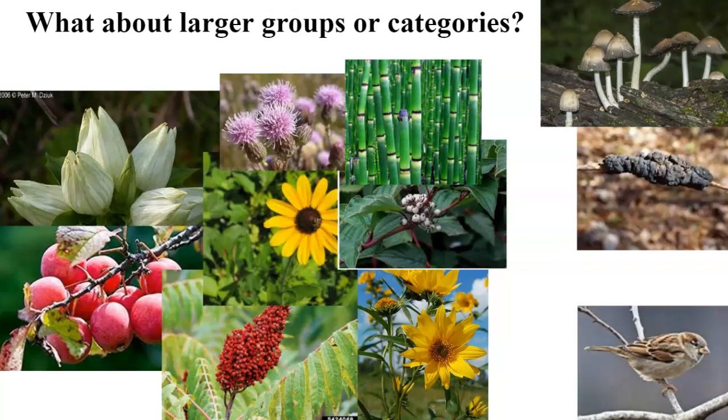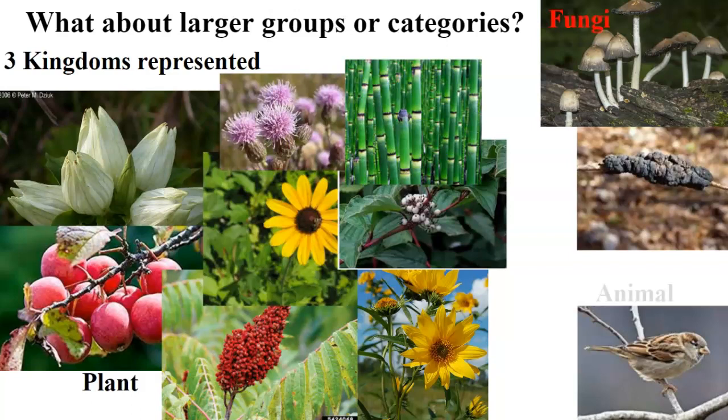But then if we look at larger, more broad categories of living things, you might recognize plants, animals, and fungus. And so those would be kingdoms. So the larger, more general groups are some things that we're familiar with, like fungus, animal kingdom, plant kingdom.